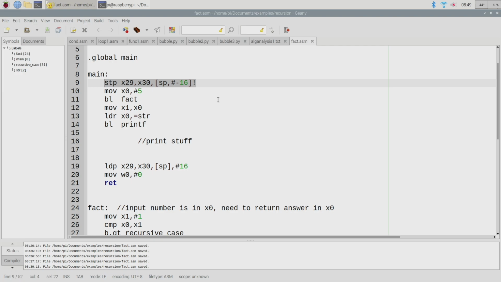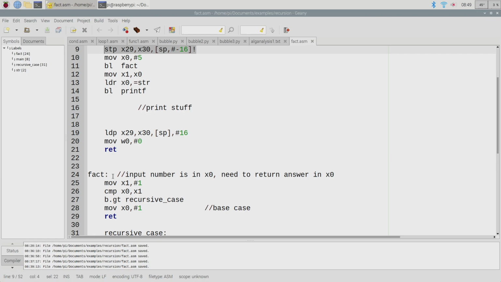We need to do that same thing in our factorial function, because our factorial function is almost its own standalone program, in the same way that our main function is its own standalone program. So we need to store those two values to the stack at the very beginning of fact and pop them back off at the very end, which means we're going to need to restructure our factorial function a little bit.